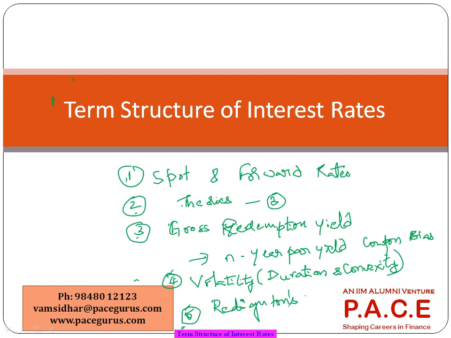If we have to say that our particular portfolio or investments are immunized or not, what are the various tests we can do? So these are the typical things we would cover as part of this session.